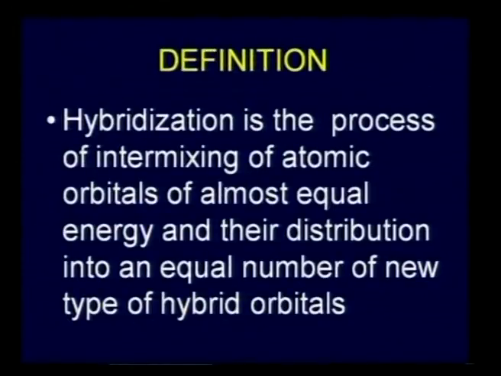Okay, see this slide. Hybridization is a process of intermixing of atomic orbitals of almost equal energy and their distribution into an equal number of new hybrid orbitals. And friends, do you know how many hybridizations involve s orbital and p orbitals?